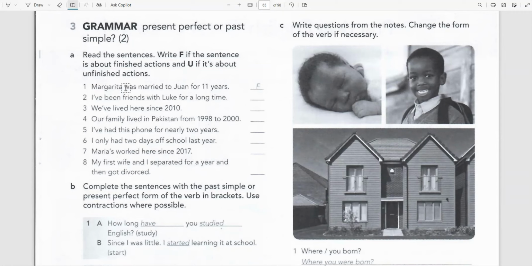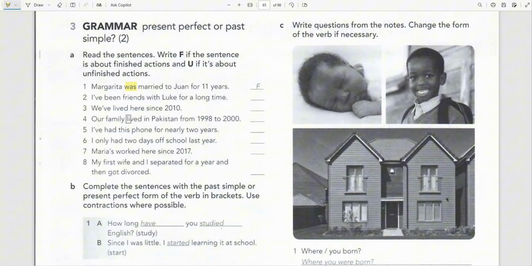The first one, Margarita was married. That is past simple. So that's a finished action, guys. To make it easy, I'm just going to highlight all the past simple sentences in these 8 sentences. Number 2 is present perfect, I've been. Number 3 is also present perfect, I've lived, like have and lived.